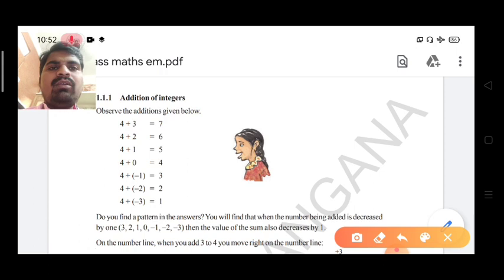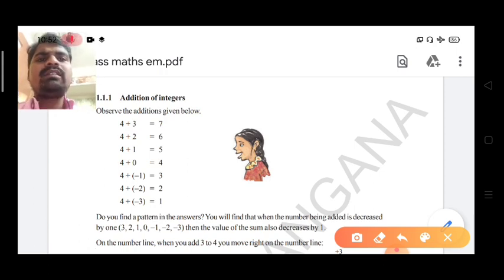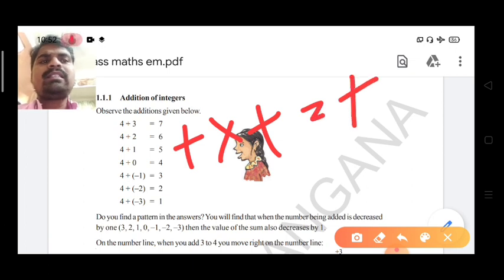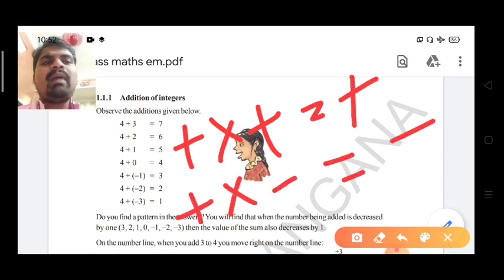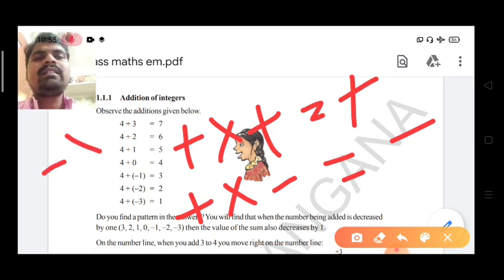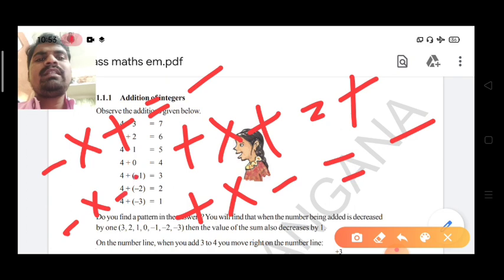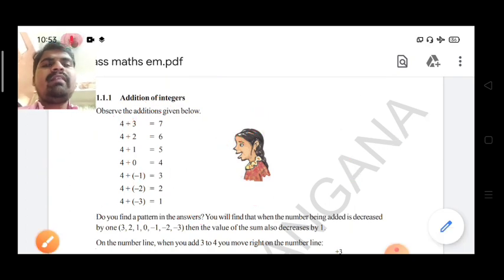Before that, you have to know some important points. Plus into plus equals plus. Plus into minus equals minus. Minus into plus equals minus. Minus into minus equals plus. This is very important. Once again, plus into plus, plus.